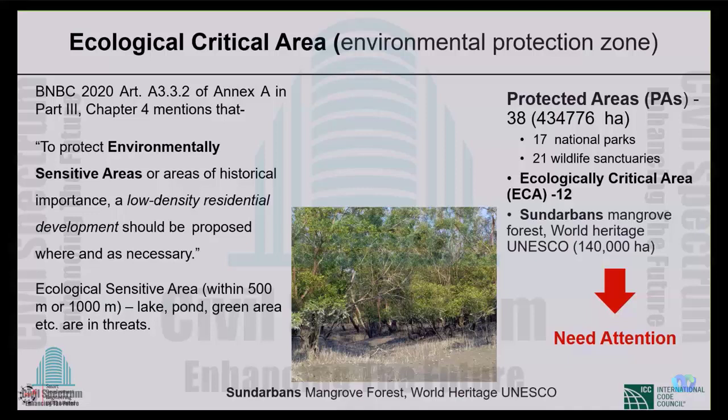But in the surroundings, when you're talking about building a house, anything ecologically important, the ecological critical area within 500 meters to 1 kilometer, we have to look at differently. We cannot disturb the birds. The birds are sleeping in the night.